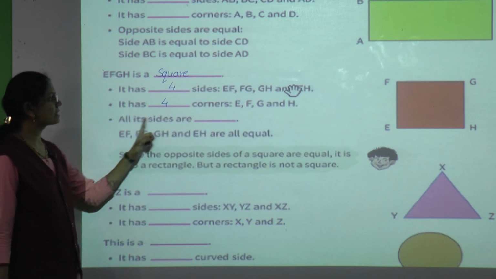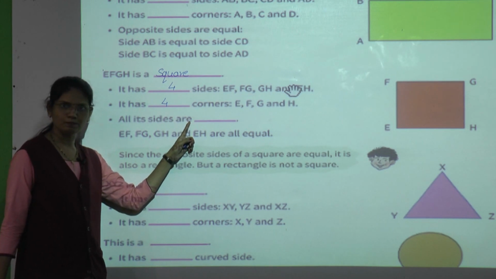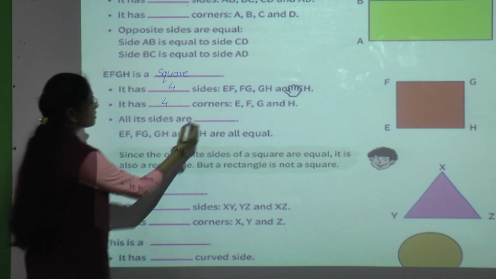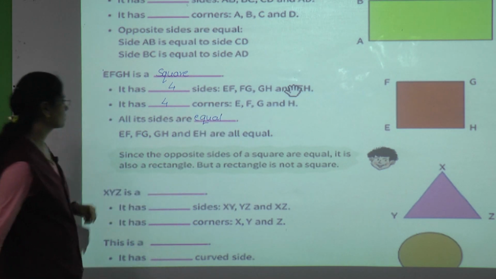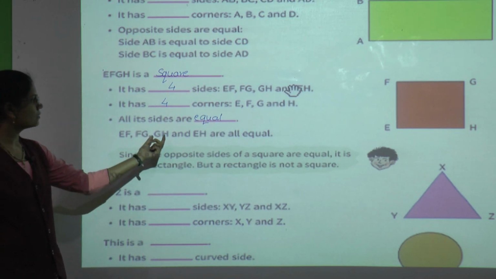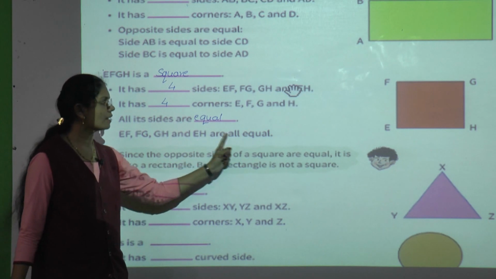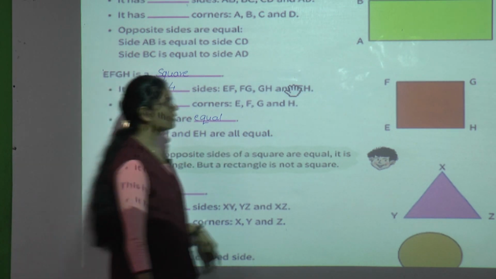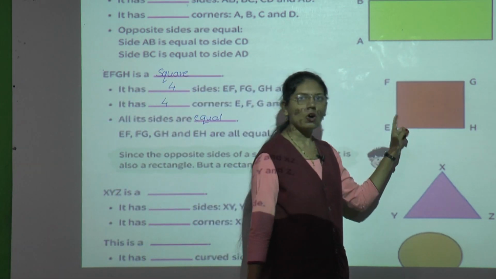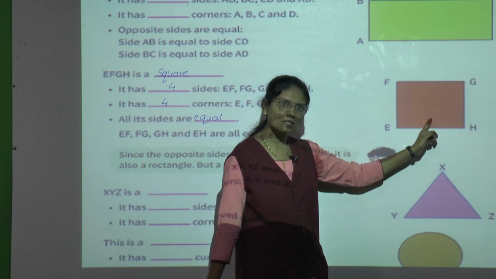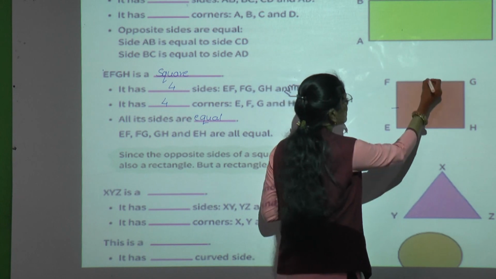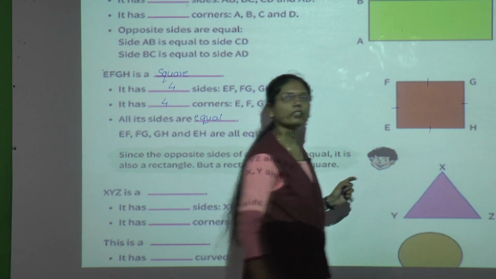Now all its sides are equal. All the sides are equal in length. EF, FG, GH and EH are all equal. If we measure the sides of this square with the help of a scale, we will get all the sides equal in length.